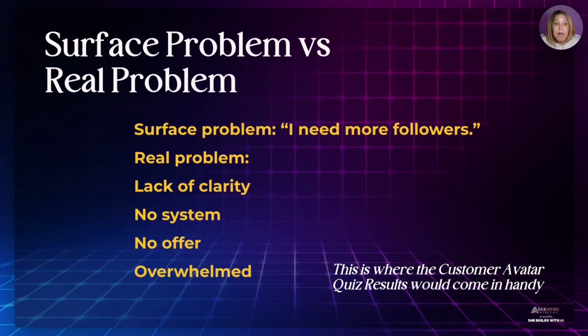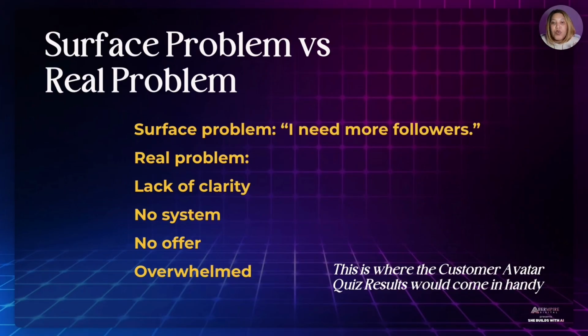So surface problems versus real problems. Most people think the surface problem is the issue, like I need more followers. But let's be honest, the real problem is almost always deeper than that. Okay. If they need more followers, it's deeper. That's why they say ask 3 questions, go 3 levels deep. Why do you want that? Why is that? Why is that? Because you're peeling back the onion, right? So if a person says I need more followers, what are they really saying?